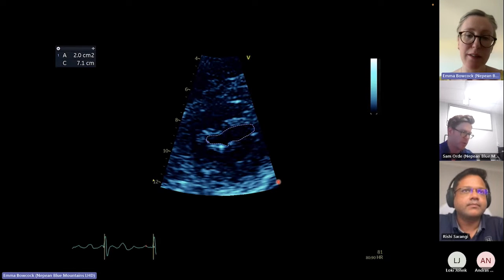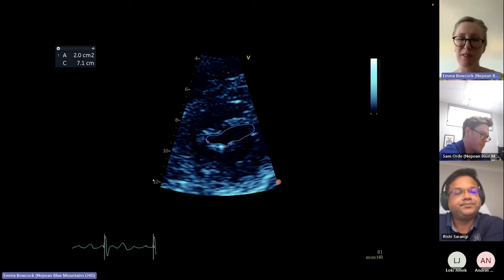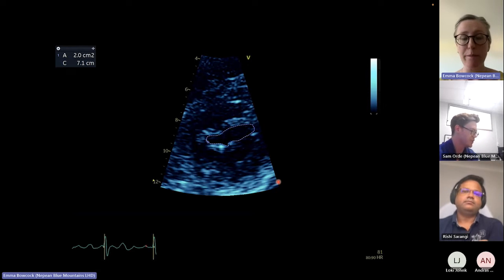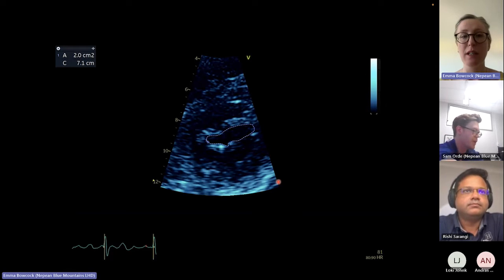Planimetry. Of course we tend to avoid planimetry in things like aortic stenosis, and certainly when you've got lots of calcium with that blooming artifact, it can be tricky. But we do tend to try to do our best with planimetry, with 2D on transthoracic echo, and if we're using the more advanced probes, the X-plane probes with TTE, you'll often see the sonographers trying to do 3D planimetry as well.